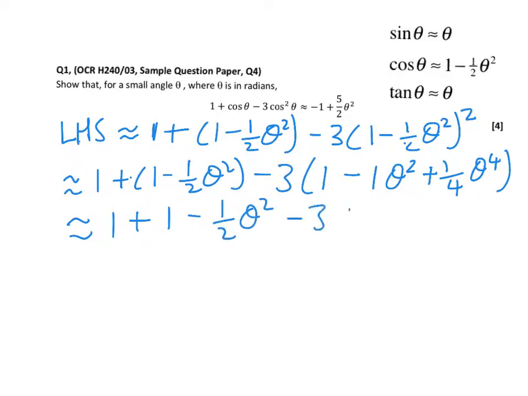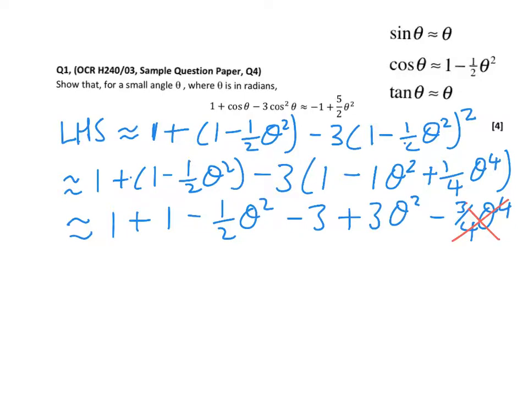Minus 3 plus 3 theta squared minus 3/4 theta to the power 4. What it doesn't say in the question, and it should do really, is anything theta cubed or above, we tend to be able to just get rid of, because they're so small. Small angle, small value in radians, high powers just become very, very small, so we can get rid of them.